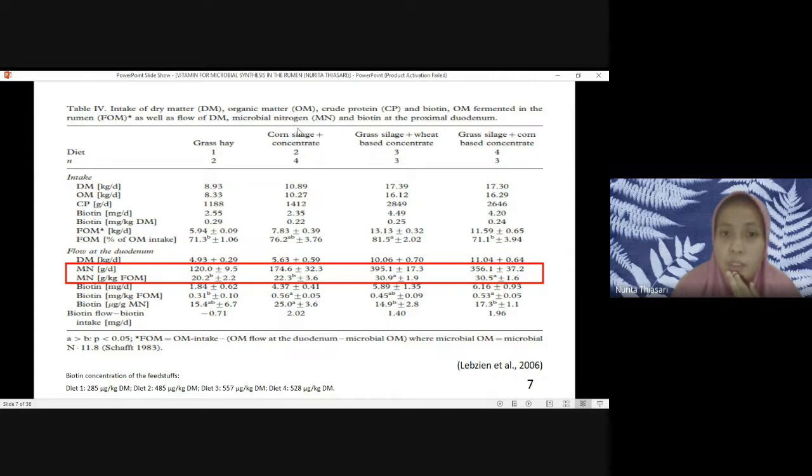Because for the corn silage and the concentrate, I think the corn silage is already broken down by other microbes, and then it will have the lowest energy compared with the wheat or corn-based concentrates.